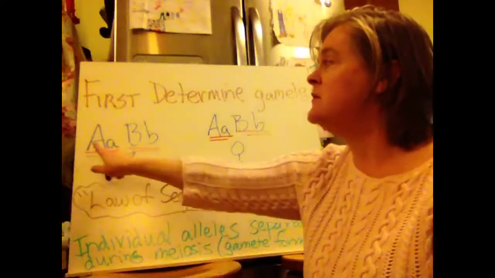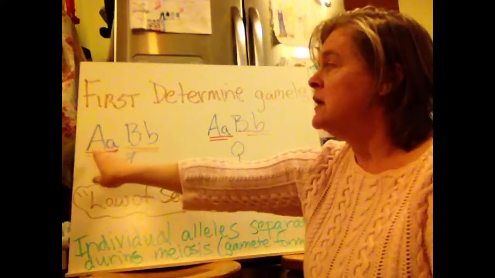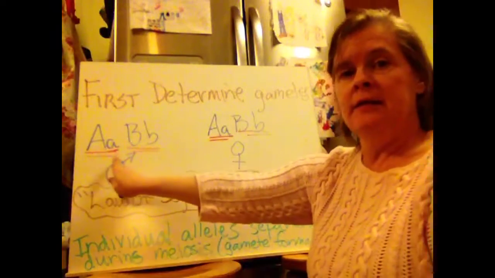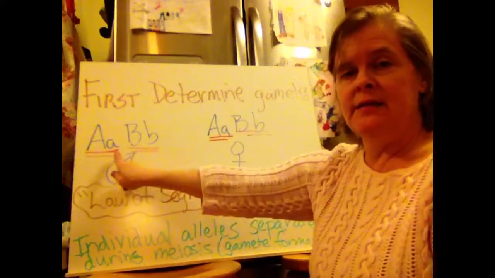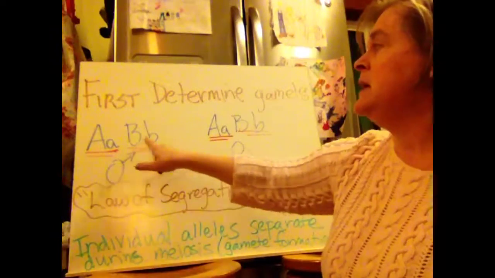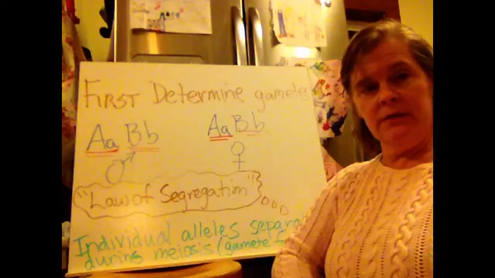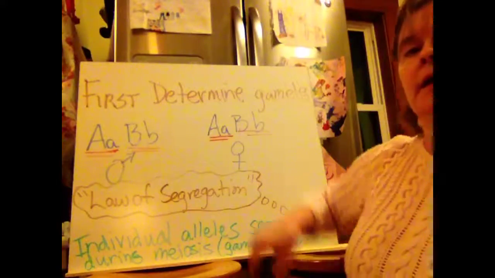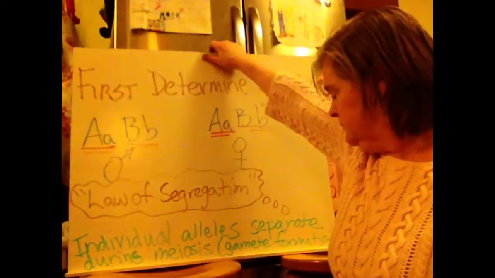So these individual alleles, the dominant A and the recessive a, the dominant B and the recessive b, all those alleles are going to separate independently.